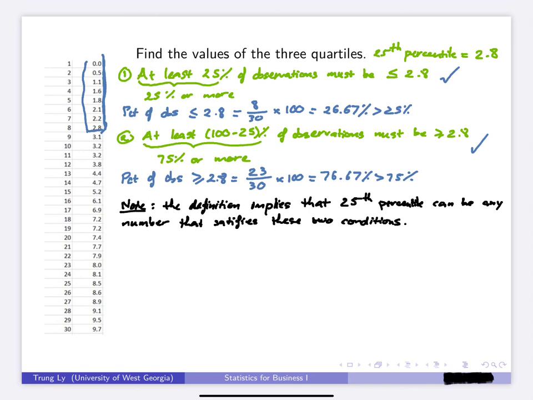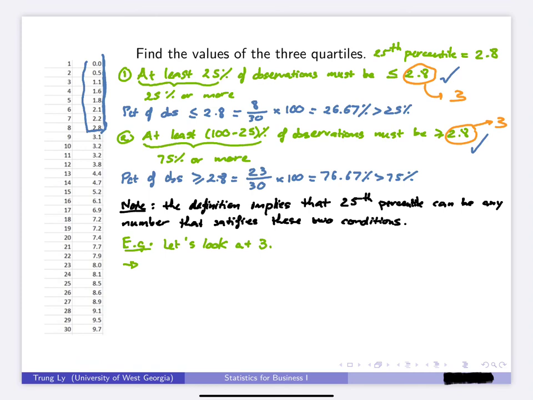So for example, let's look at 3. I'm going to leave it to you to verify that if you replace 2.8 up here by 3, nothing changes when it comes to the percentages that we calculated. In other words, it's perfectly fine for me to claim that the 25th percentile is equal to 3.